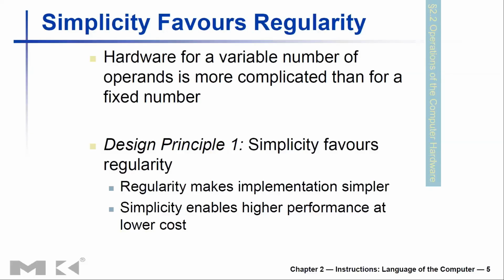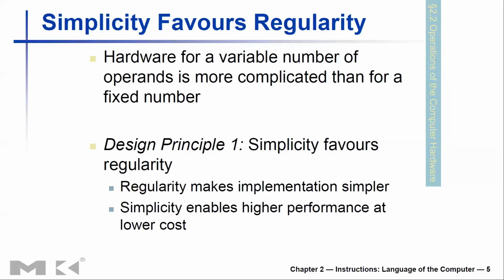And if you support a variable number of operands, then the hardware is going to be, of course, complex. So if you have a fixed number of operands supported by the instructions, then the hardware is going to be simple, and that can lead to higher performance. So this is design principle 1: simplicity favors regularity.